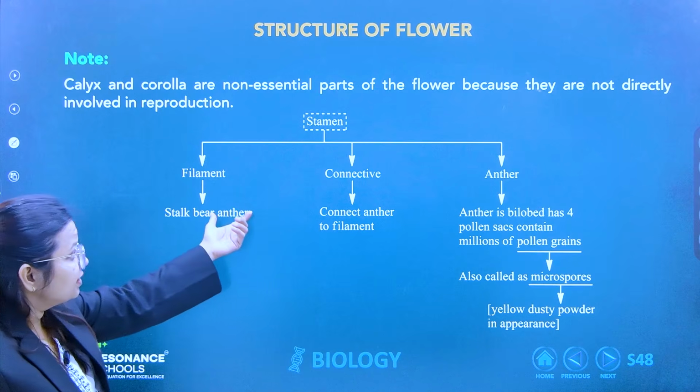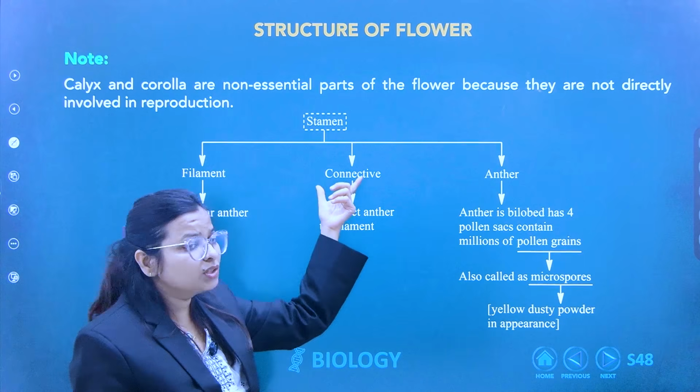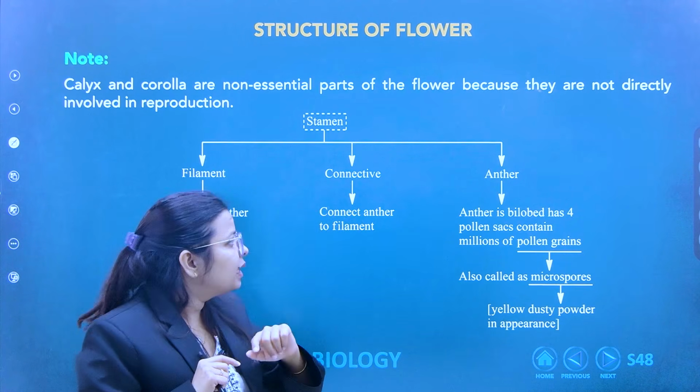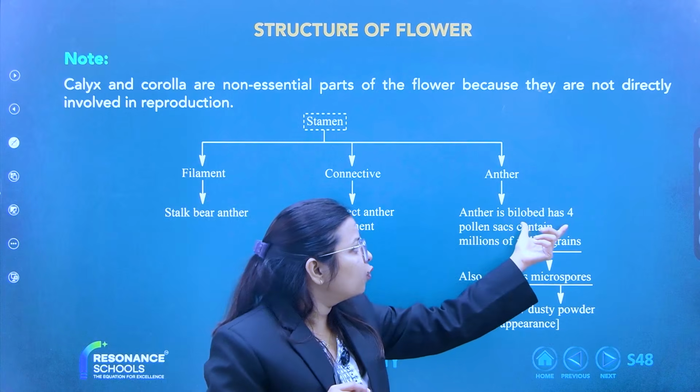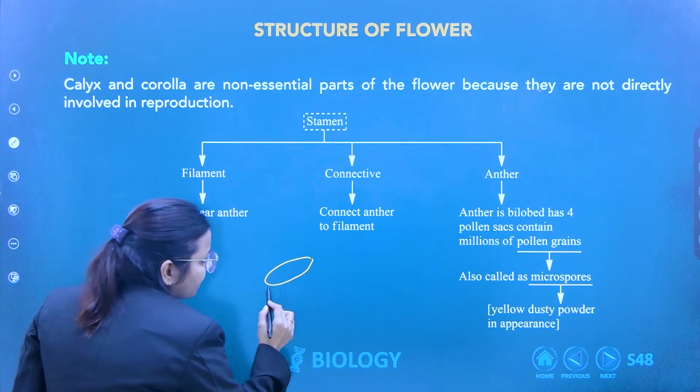Stamen is divided into three parts: filament, connective, and anther. Connective is not a structure, but the junction of anther and filament. The anther is bilobed, and they are like this.